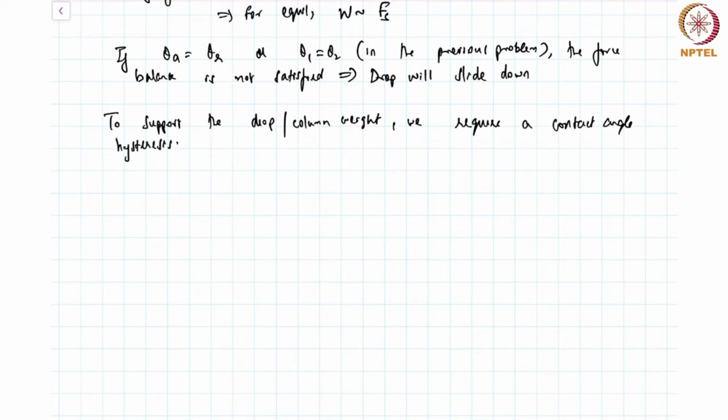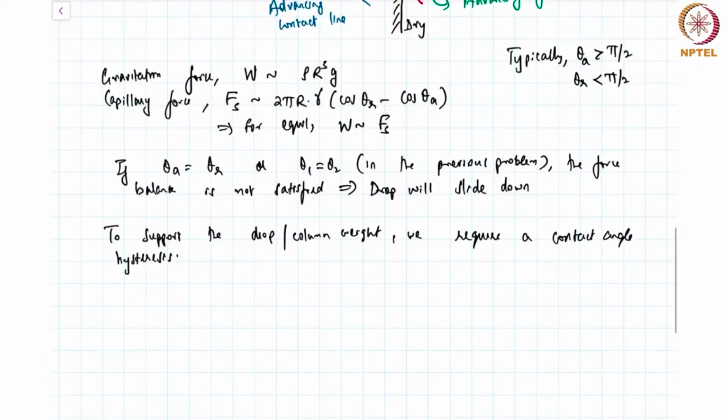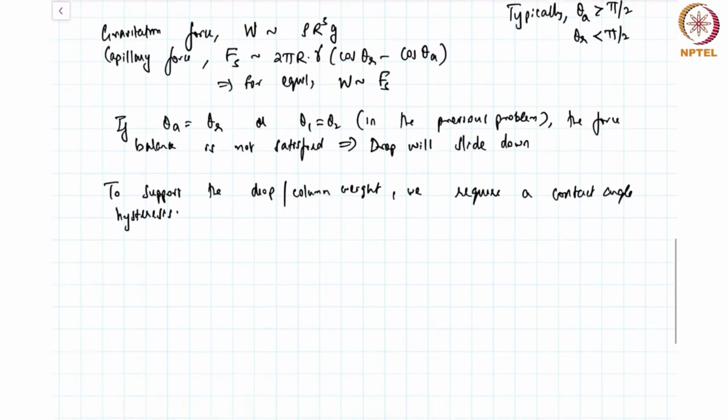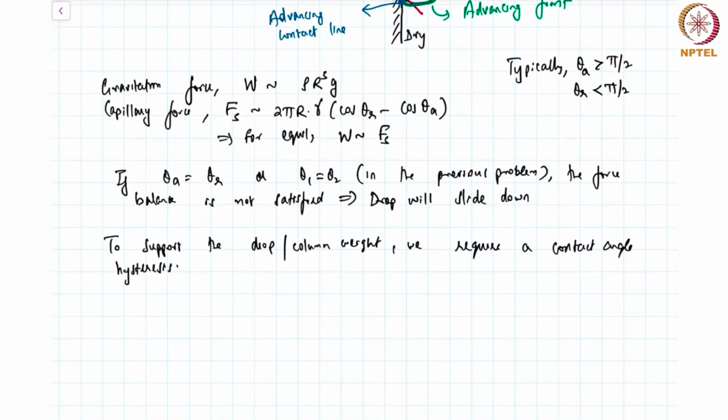Right? You can only have this when you have a contact angle hysteresis. And in both these problems, if you actually do a force balance, you will get a relationship between surface tension and gravity as well. And there is a relationship between the size of the droplet and the capillary length.